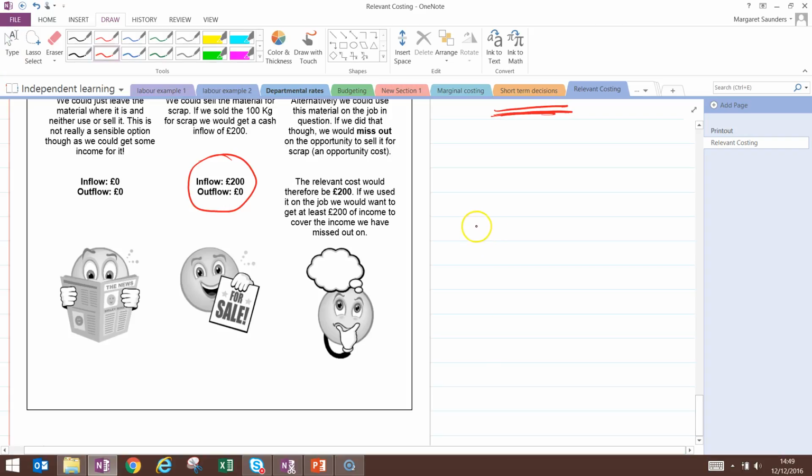So that's your test. Is it future? Is it a cash flow? Is it incremental? Also then look and see if you need to consider any opportunity cost.